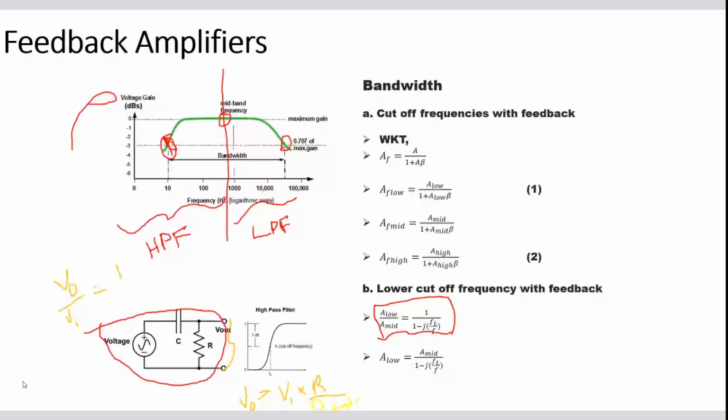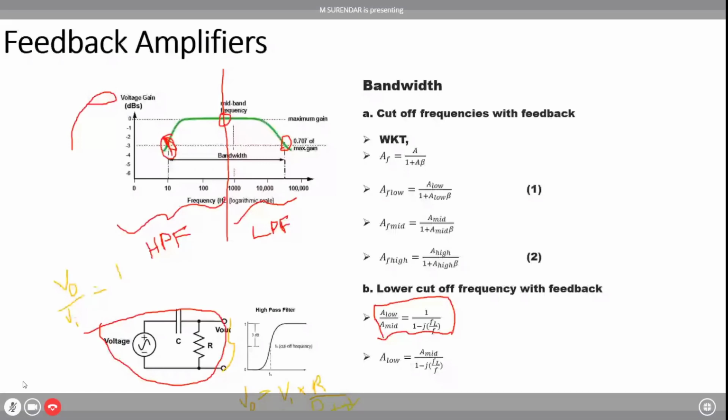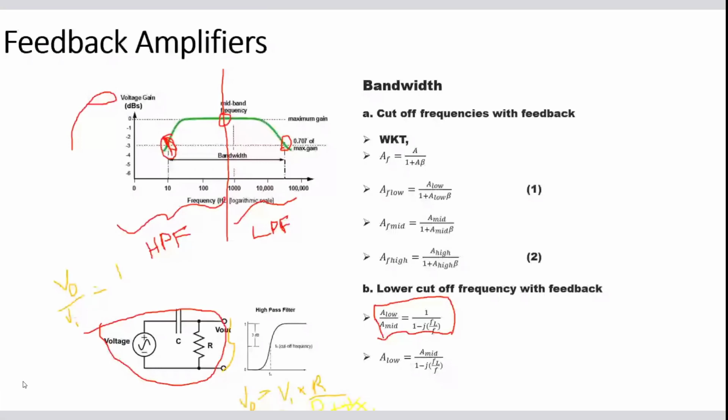At some point, the output voltage at the resonant frequency, that means at X equal to R, you will be having that resonant range, and you can directly go for FL equal to 1 by 2 pi RC. And with that, we can have that equation there.